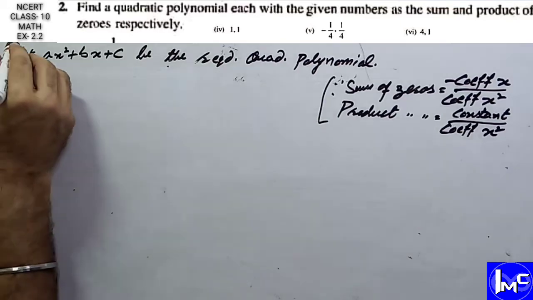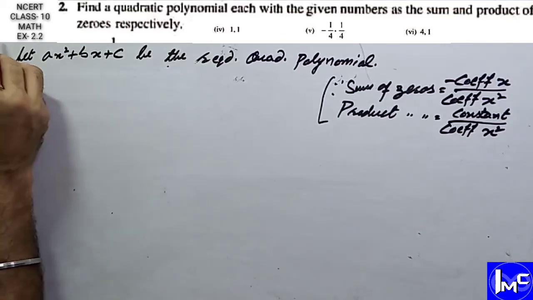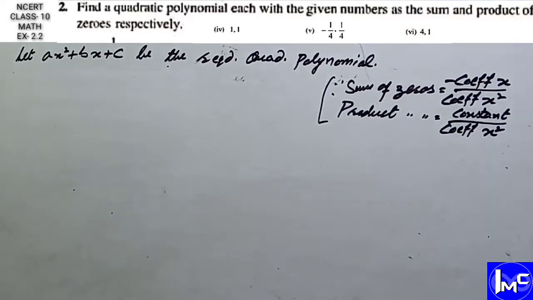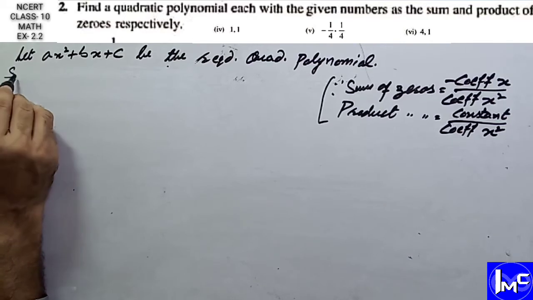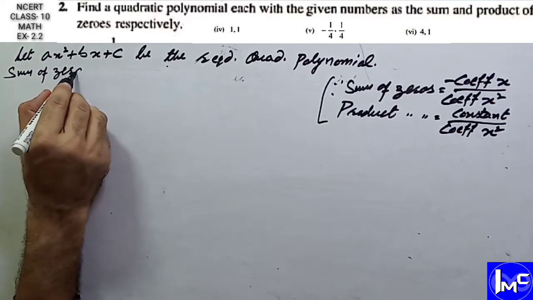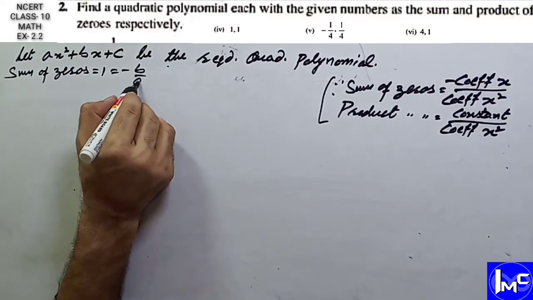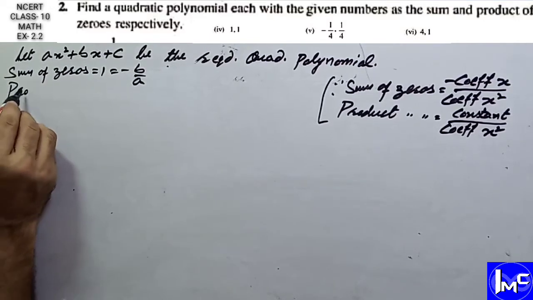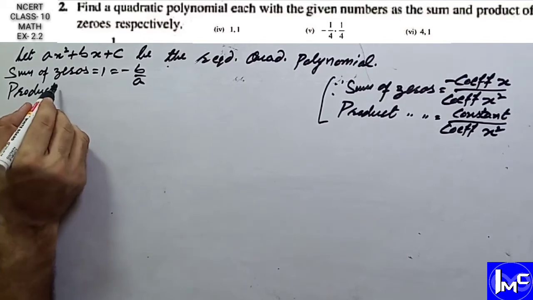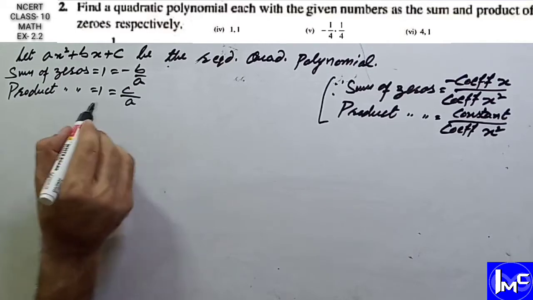Question 4 is 1 and 1. So here sum of zeros is equal to 1, that is minus b over a. Product of zeros also 1, that is c over a.